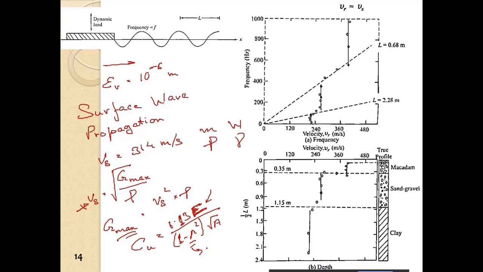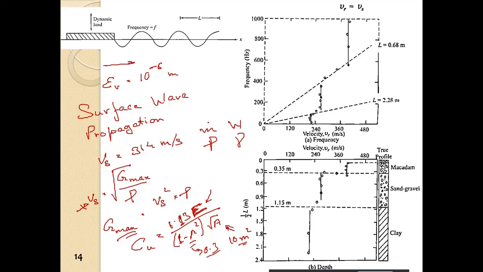You can take mu to be 0.3 for the no volume change case. You can take the area to be 10 meter square. Now we have to find out E.